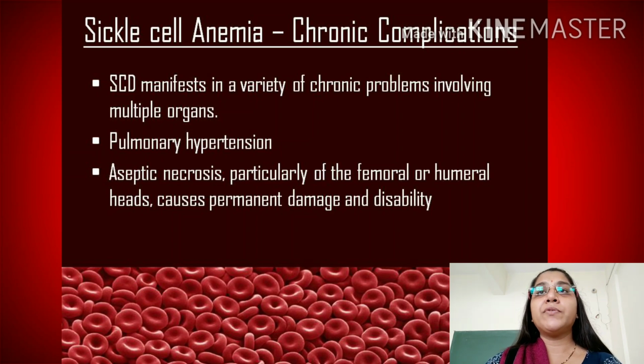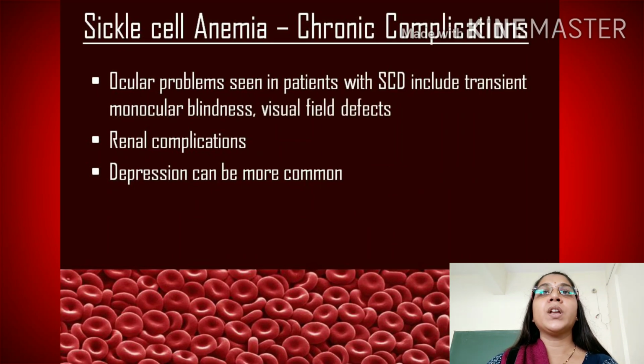Now, another set is the chronic complications. In chronic complications, the sickle cell anemic patient has a variety of chronic problems involving multiple organs. These problems include pulmonary hypertension and aseptic necrosis, particularly in the femoral and humeral heads, which cause permanent disability or damage.